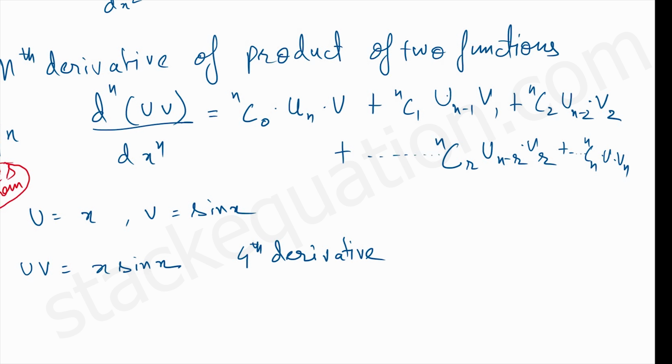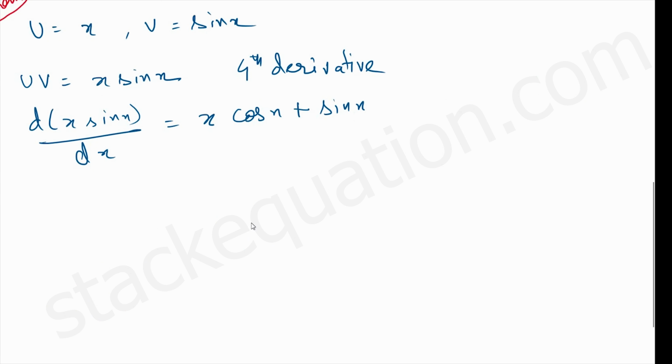So x sine x. If I differentiate x sine x, so x into differentiation of sine x, that is cos x, plus sine x into differentiation of x, that is 1. That's the first derivative, right? And let me find the second.